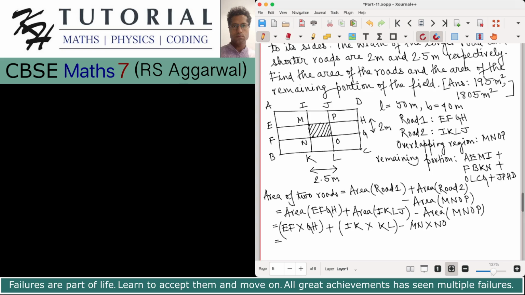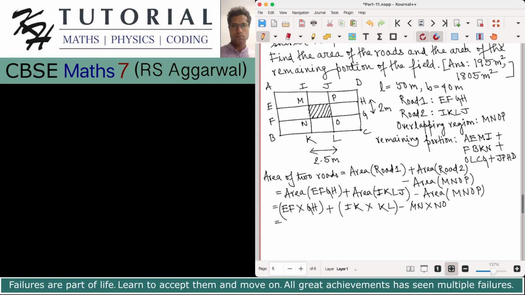Okay. This is equal to, EF is 2 meter, the area of rectangle is EF multiplied by not GH but FG.